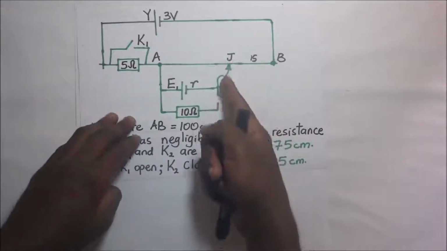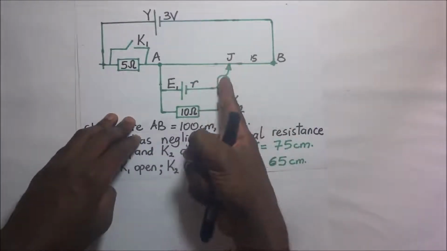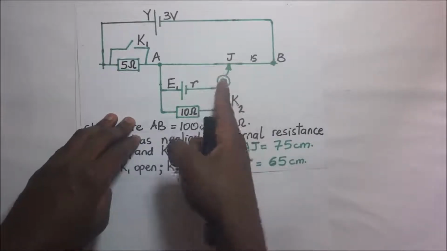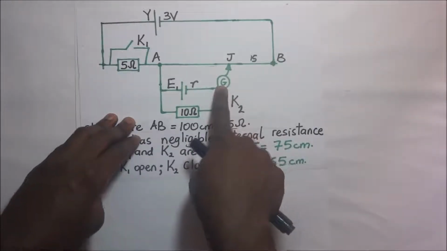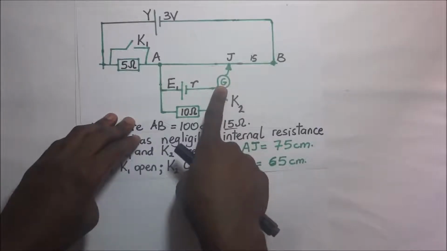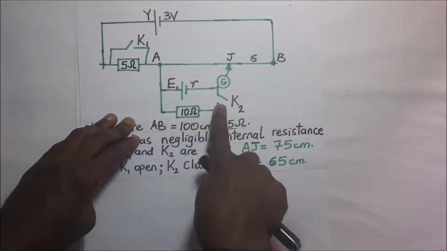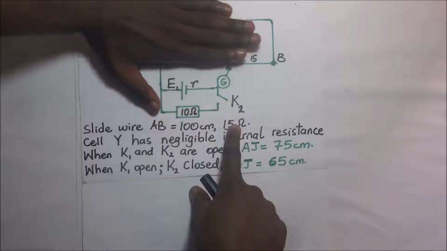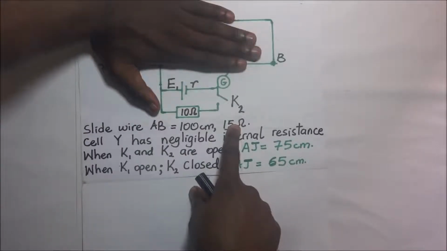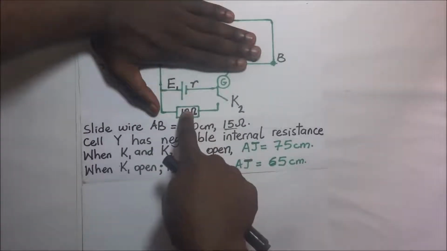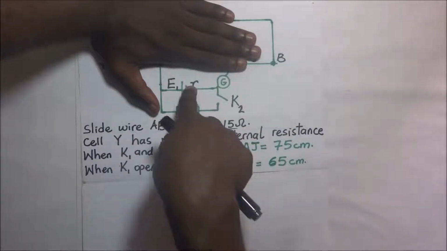Remember, at balance length, no current is flowing through the galvanometer because the galvanometer is deflecting 0. So in simple terms, we ignore this upper part and we look at this cell, and we seek to find its internal resistance.